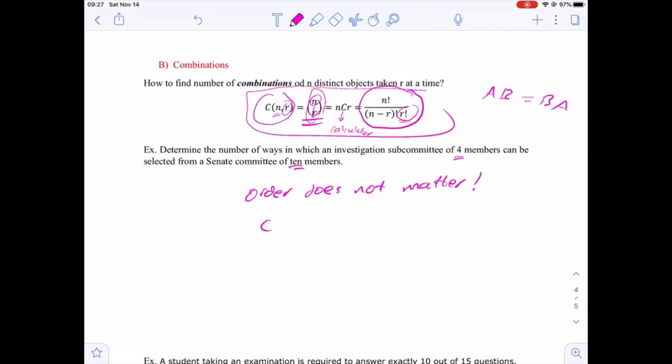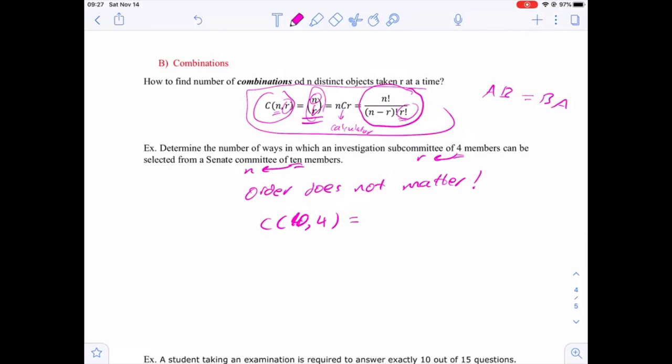That means C(10, 4), where this is n and this is r. We take 4 at a time out of a group of 10 people. Then we need to compute this. It's 10 factorial over (10 minus 4) factorial times 4 factorial.